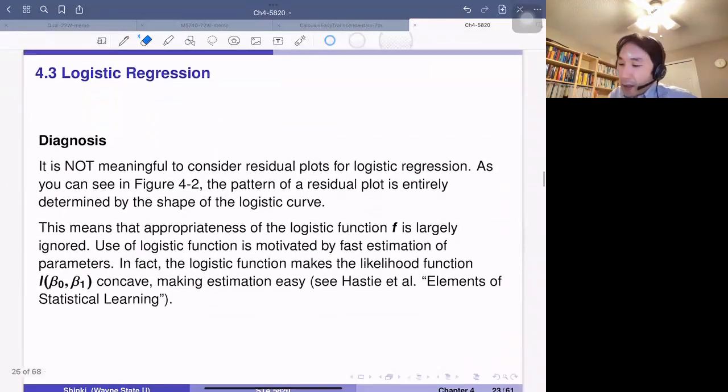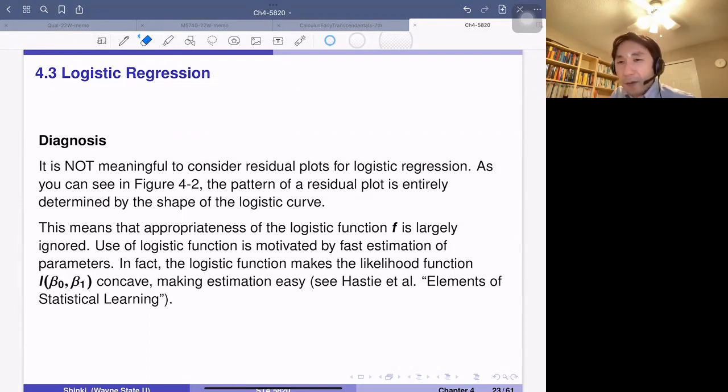Okay, so remember that we have studied the residual plots for linear regression. Do you remember the residual plots for logistic regression? Probably most answers are no. Right, so at least in 5030 we haven't covered the residual plots for logistic regression.